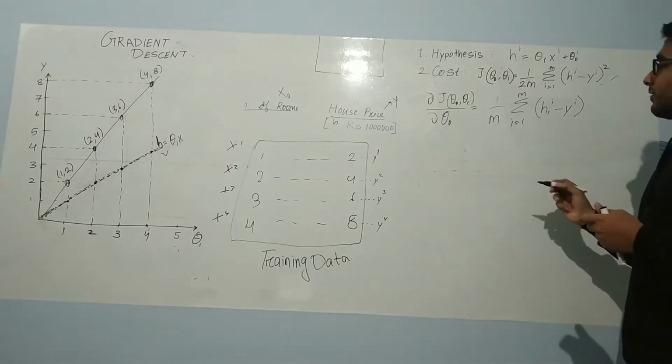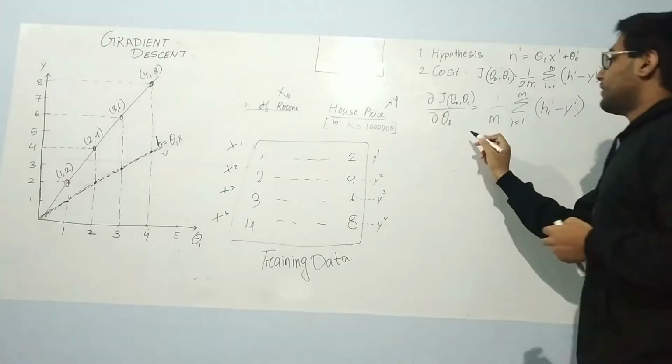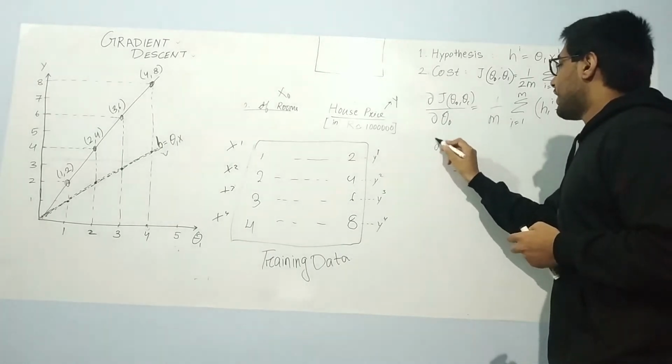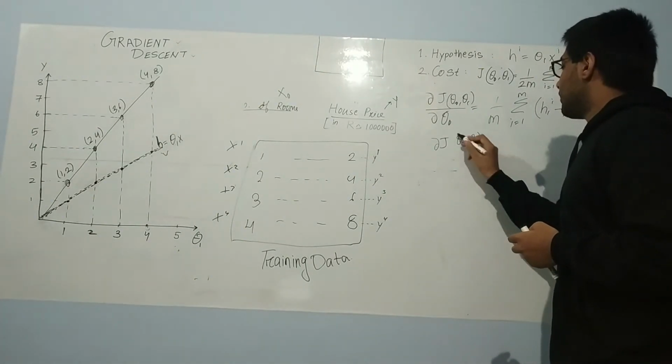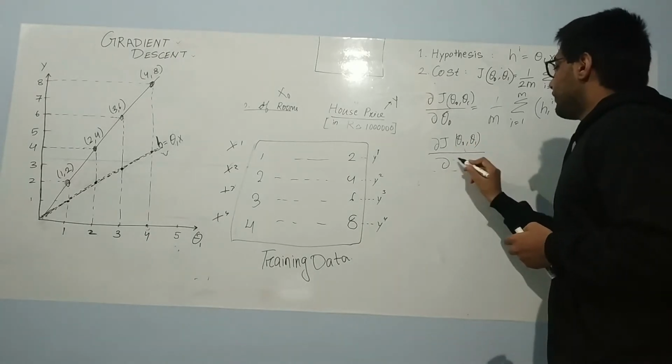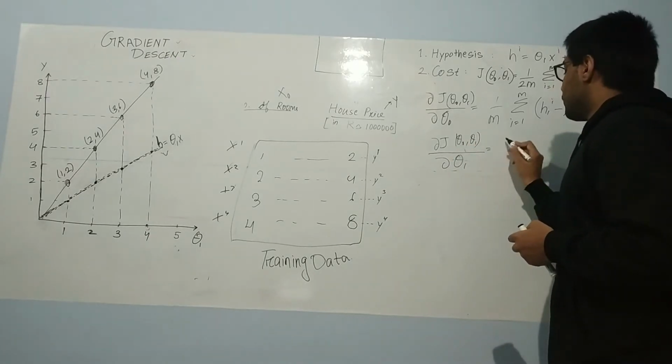And again for theta 1, we have del of J(theta 0, theta 1) differentiated with del of theta 1 equals 1 by m.